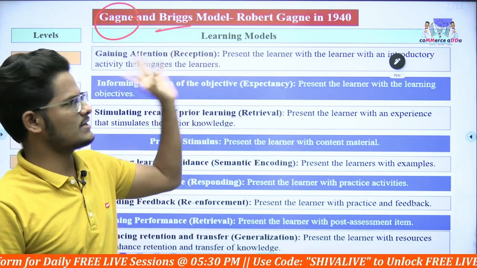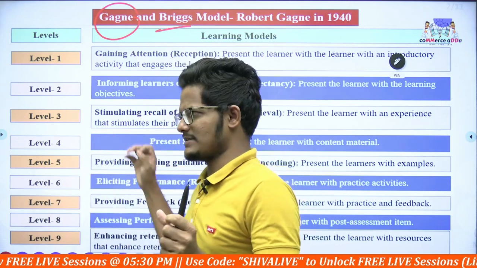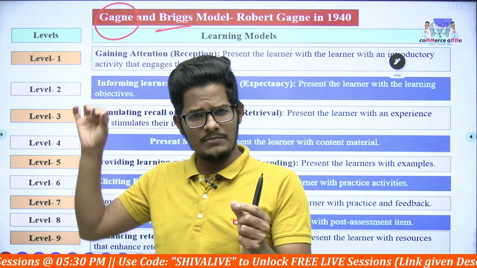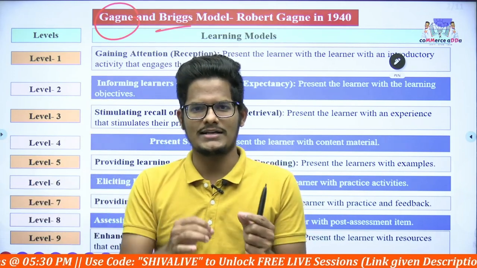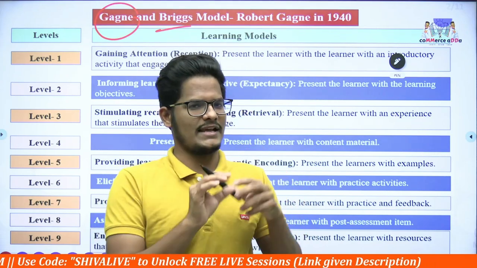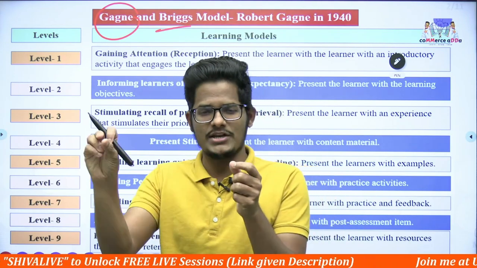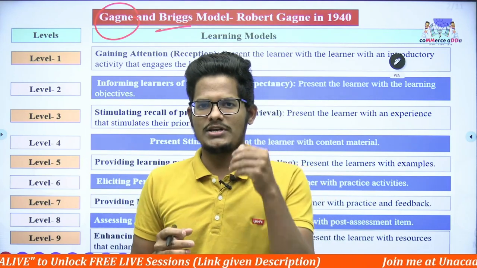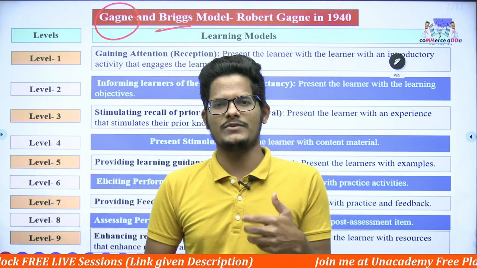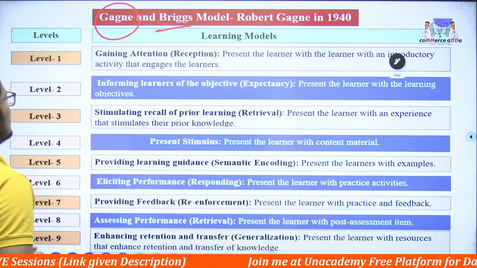I'll tell you the total 9 levels in a simplified way, and I am asking you to repeat the same 9 levels in the chat box or comment section, so that it will be easy for you to memorize them. They may put it in a sequence, or ask a question related to the meaning of a particular level. So the question can be asked in any way. If you learn these 9 simple levels, it will be easy for you to get 2 marks for free.